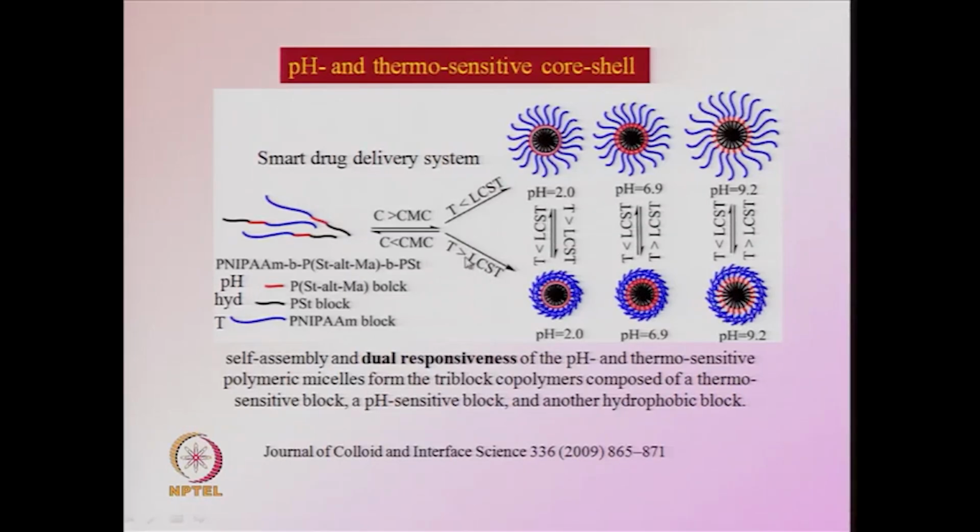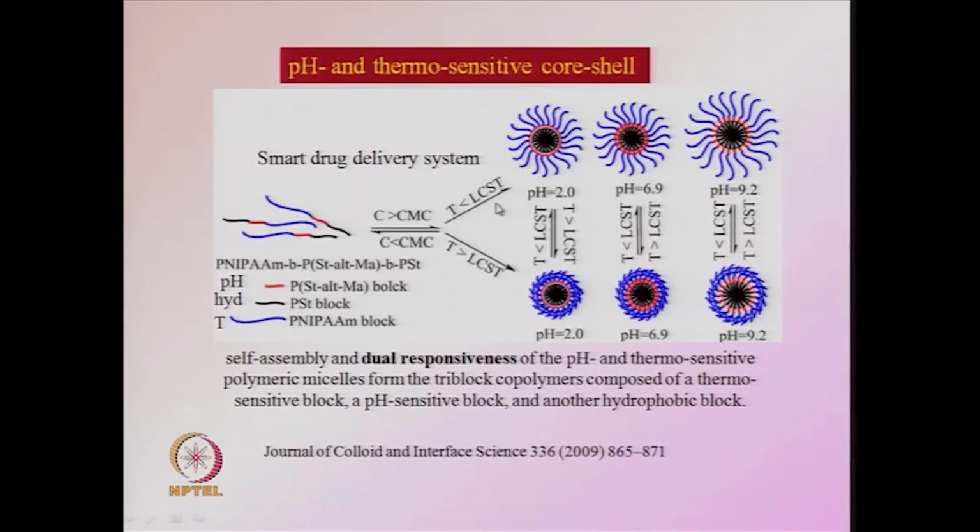Now, when the temperature becomes larger than the LCST, then you see the structure has become more constricted. These chains which were looking outside have now become constricted. So, there is a change in the structure and the total size of this particle will become smaller.